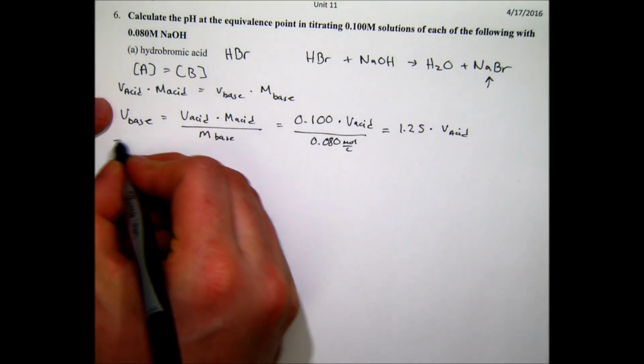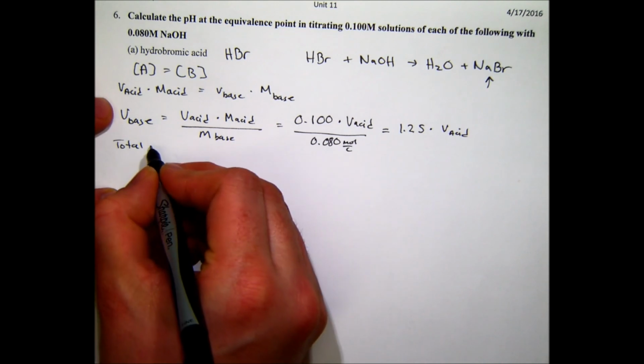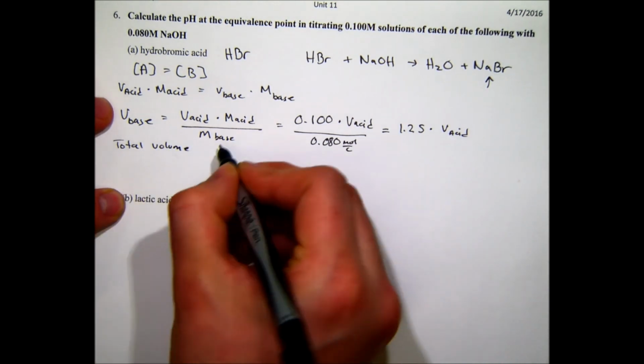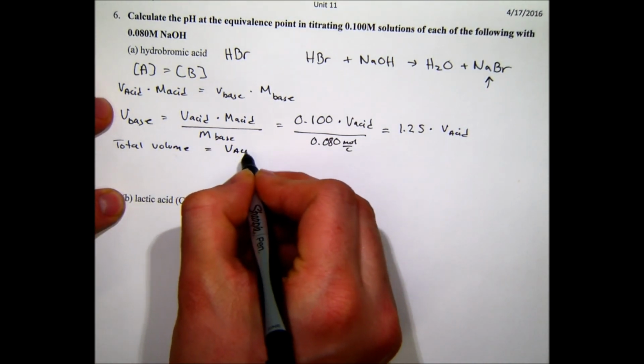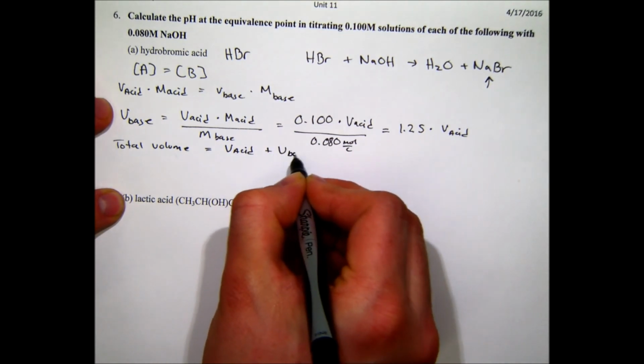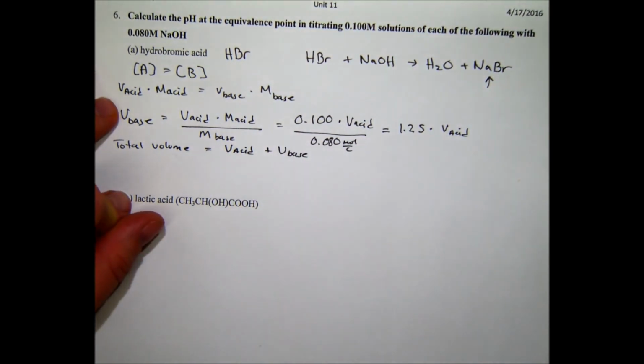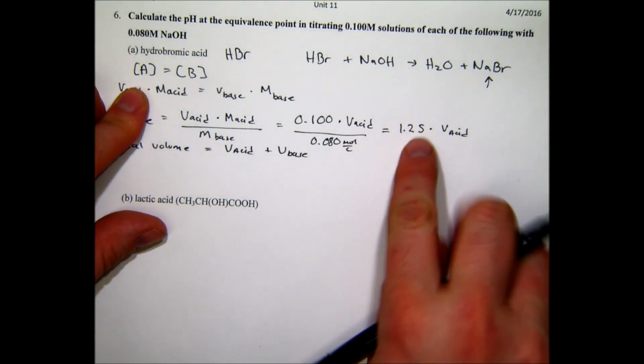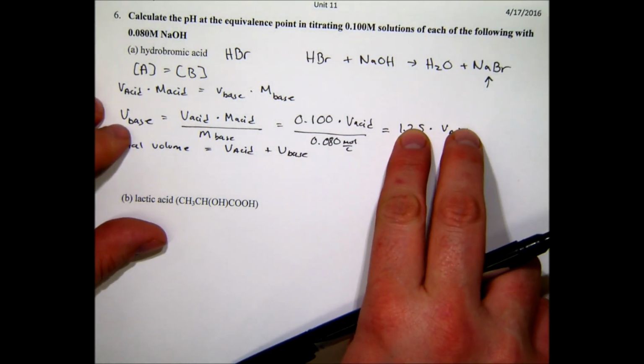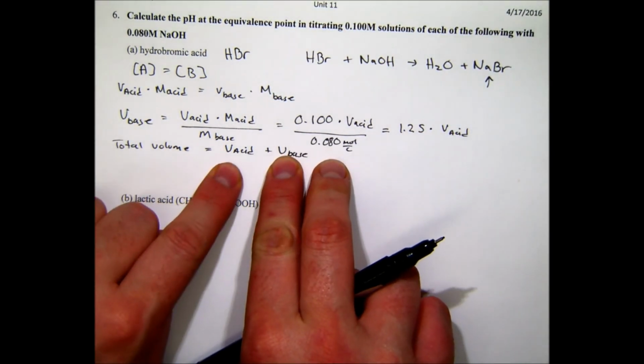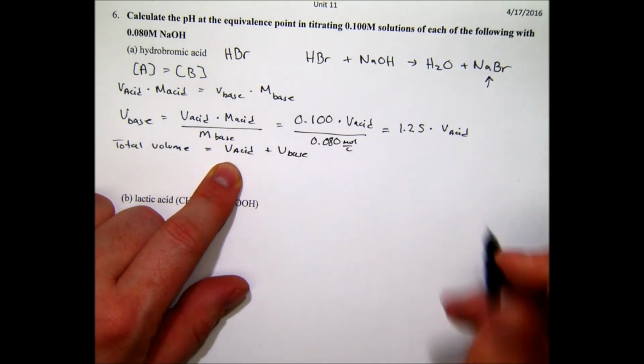The total volume is going to equal the volume of the acid plus the volume of the base. So if I substitute this expression in for the volume of the base, I get V acid plus 1.25 V acid.